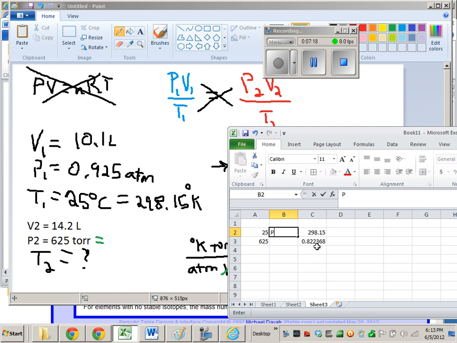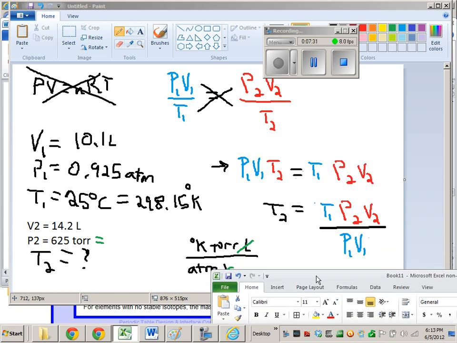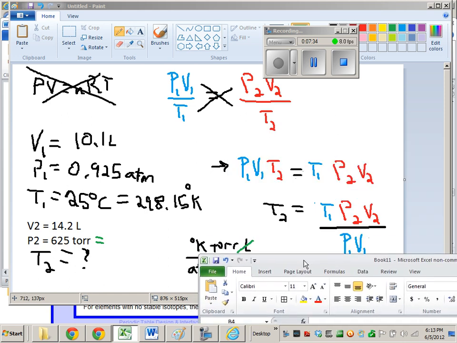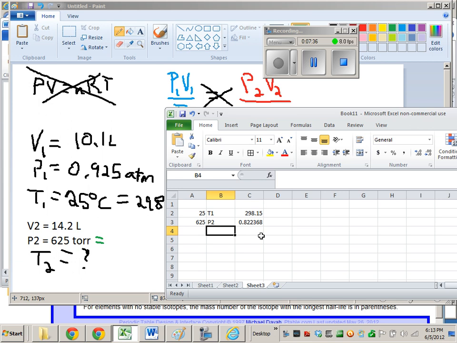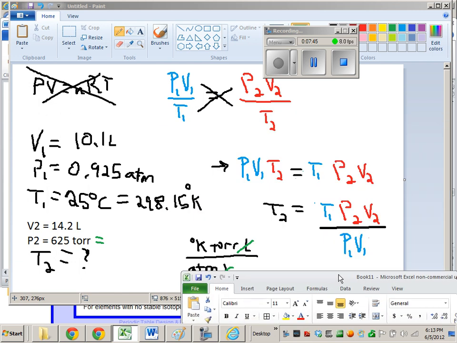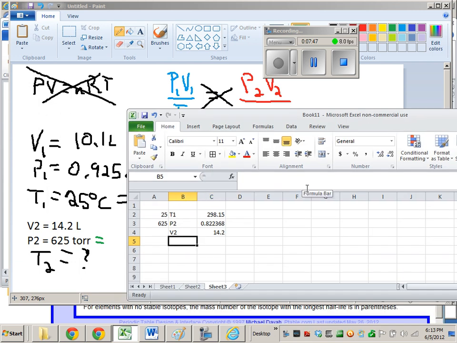So we have T1 P2 V2. V2 is 14.2 liters, and I'm dividing everything by P1 V1, so I need P1 V1.